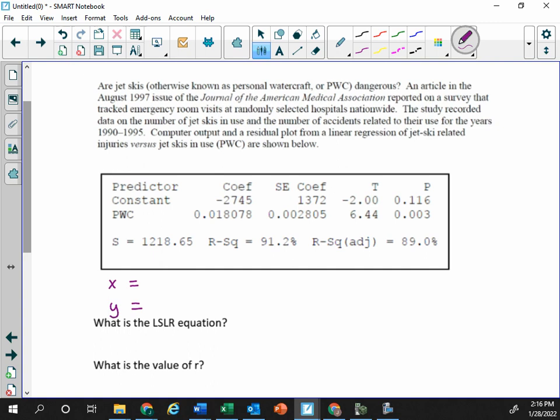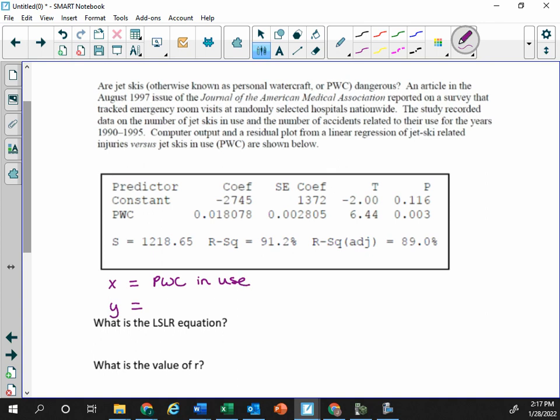The number of injuries versus the number of deaths. Yes, like how many are in use and then how many injuries come from those being used. So the X is the number of personal watercraft in use, so PWC in use.